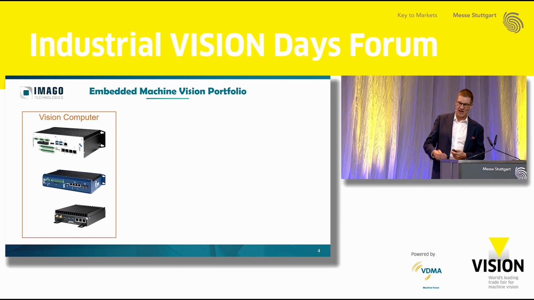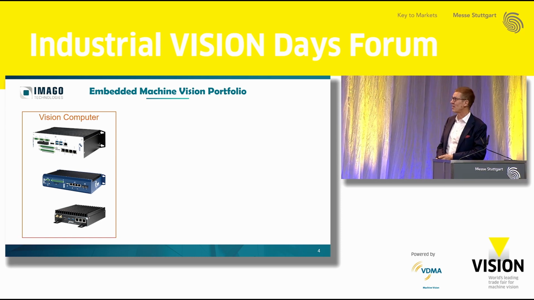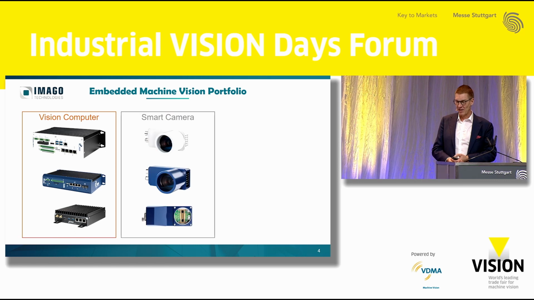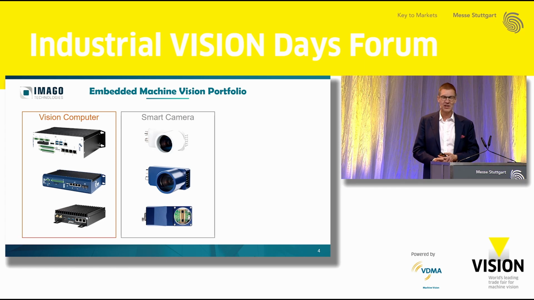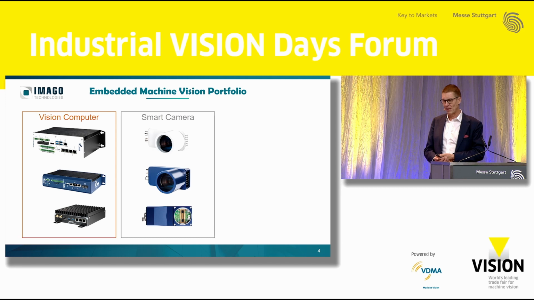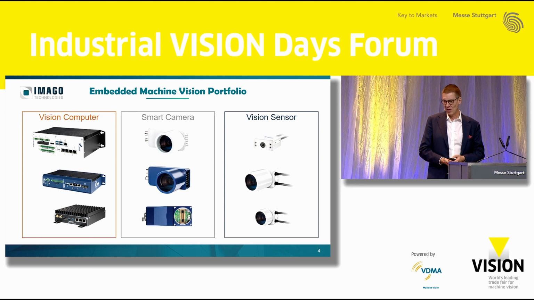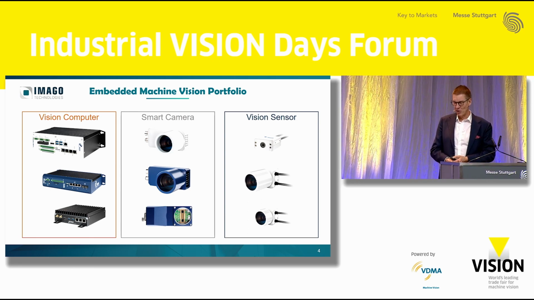Here the color of the label defines different types of CPUs inside, from Intel x86 and multi-core ARM up to, today, the combination of a CPU and GPU. And if it looks like a camera, for us it's still a vision computer. A smart camera is basically a Linux vision computer inside, with multi-core CPUs. And if it becomes smaller, we call it a vision sensor. So that is our portfolio.